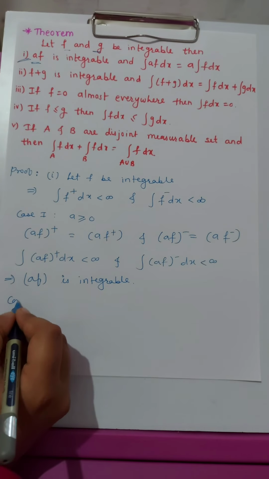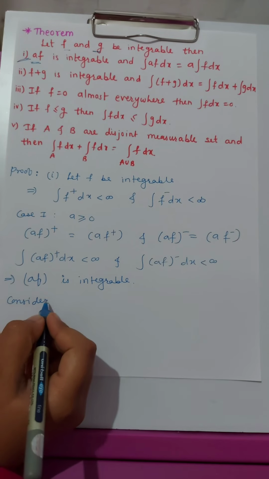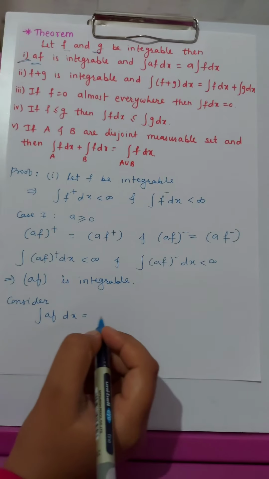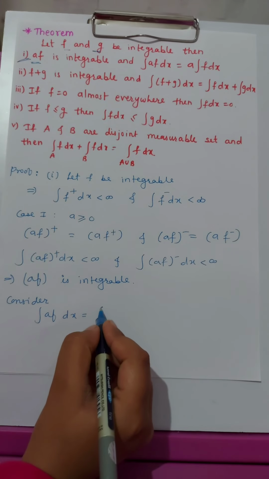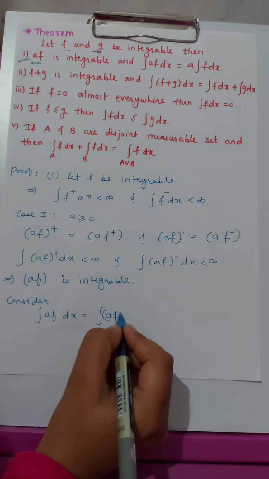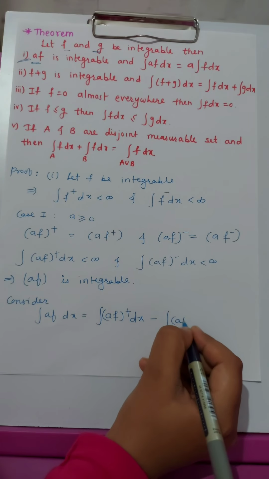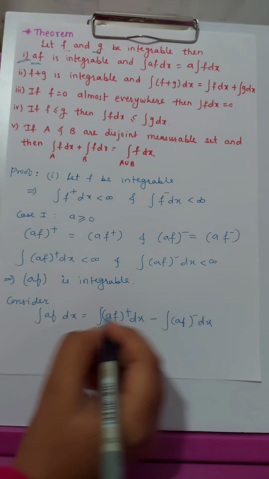So now consider integration of af dx. Since af is integrable, by definition it is integration of positive part of the function minus integration of negative part of the function.